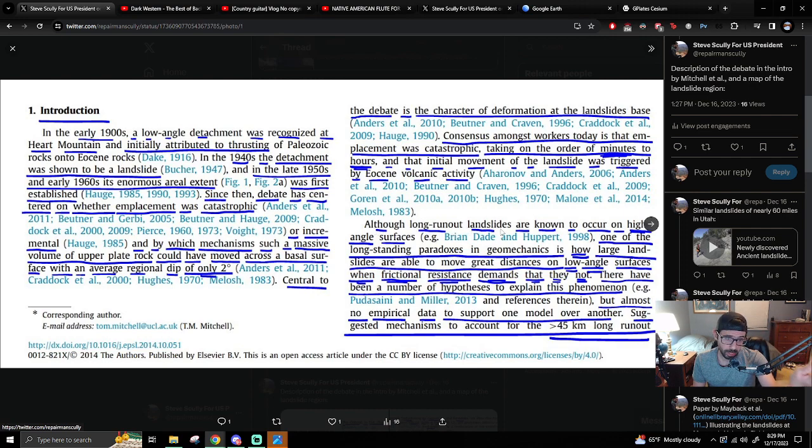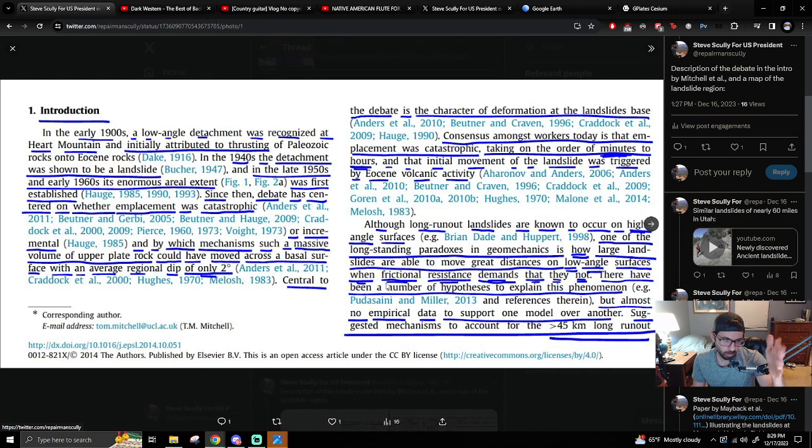Although long run-out landslides are known to occur on high-angle surfaces, one of the long-standing paradoxes in mechanics is how large landslides are able to move great distances on low-angle surfaces when frictional resistance demands that they not.